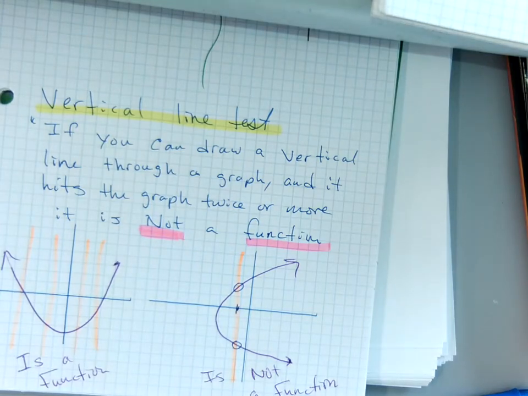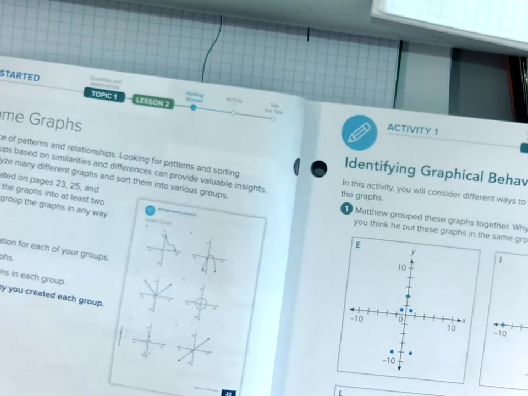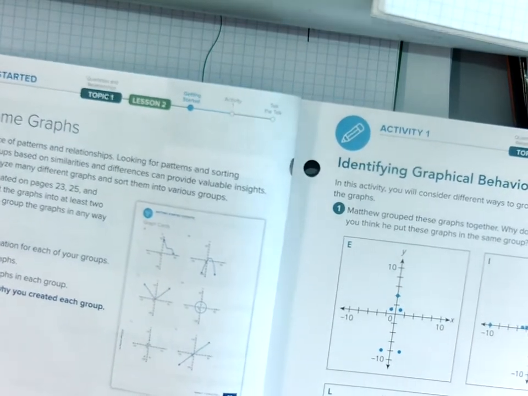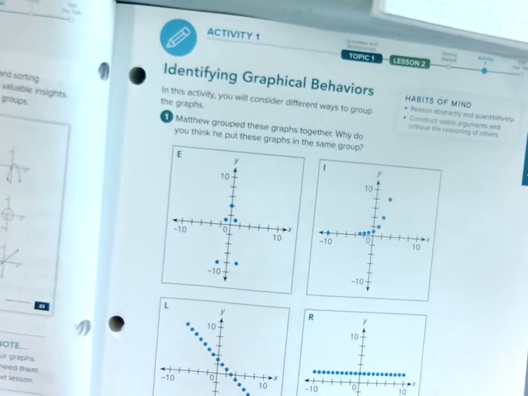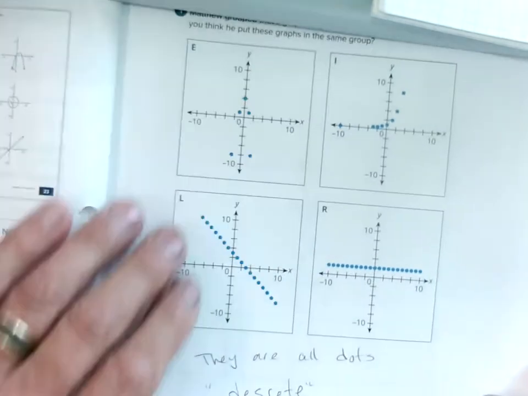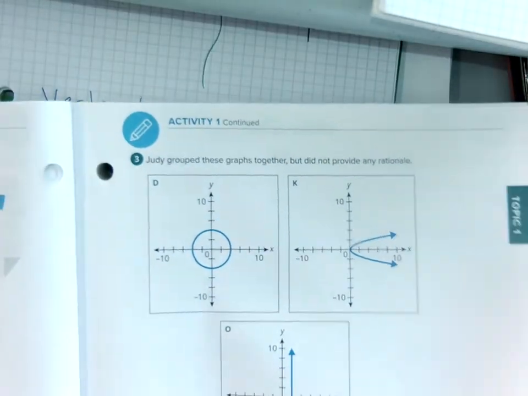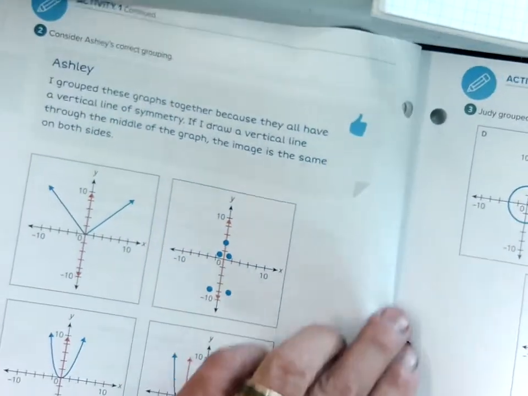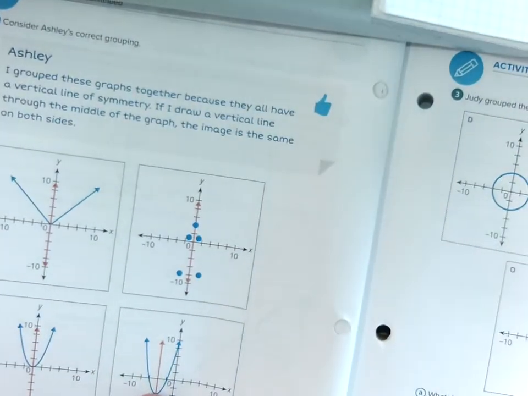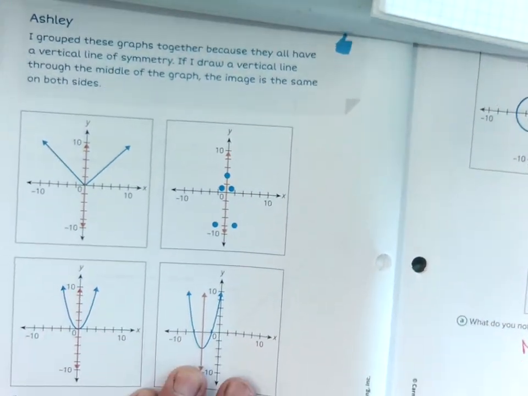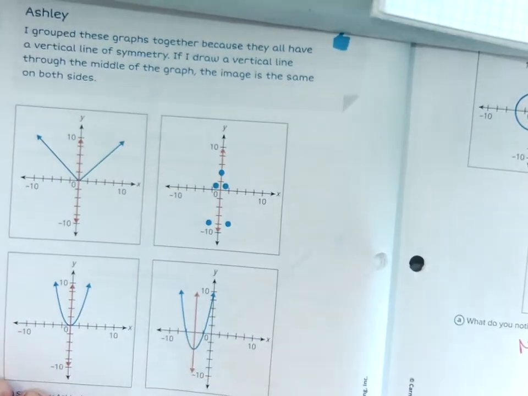We also can talk about what the book talks about. After we did the cutouts, we looked at identifying these graphs. We identified that these were all discrete graphs. We identified that all of these graphs have a vertical line of symmetry.